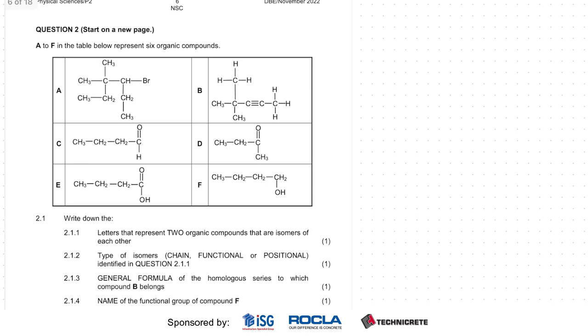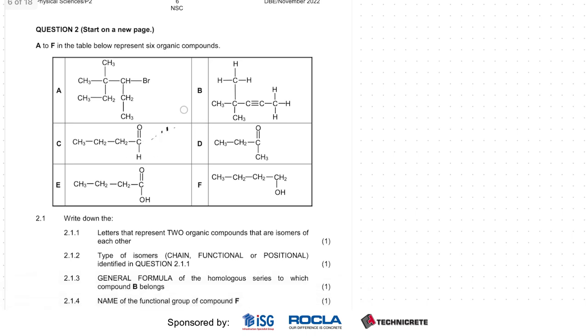Here, molecule compound C, we have some sort of ketone. Oh no, not a ketone. This is an aldehyde, because the carbonyl group is at the end of the molecule, not in the middle.